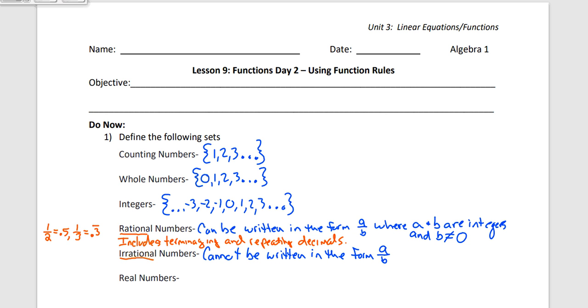It's pretty strange that a decimal number would go on forever and never repeat. So I'm going to say that the decimal form of irrational numbers are non-repeating, non-terminating decimals.